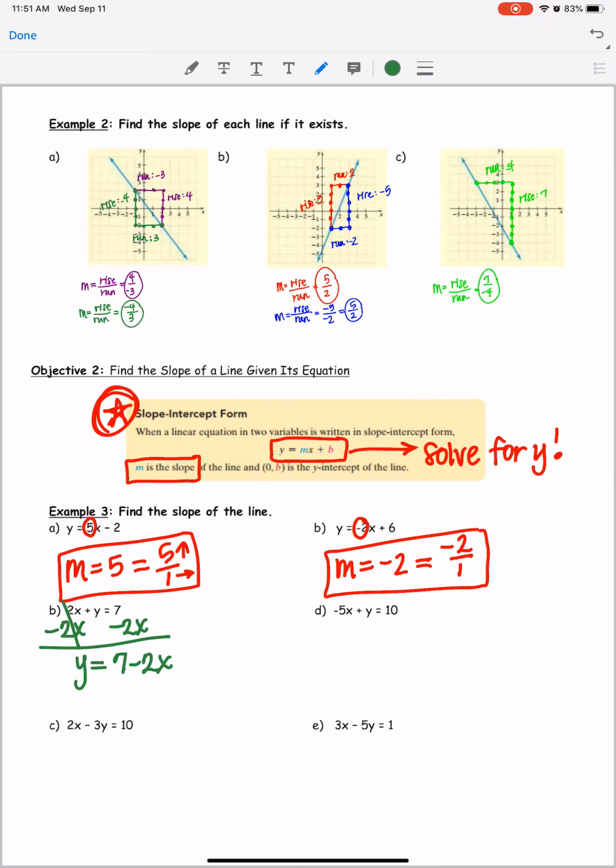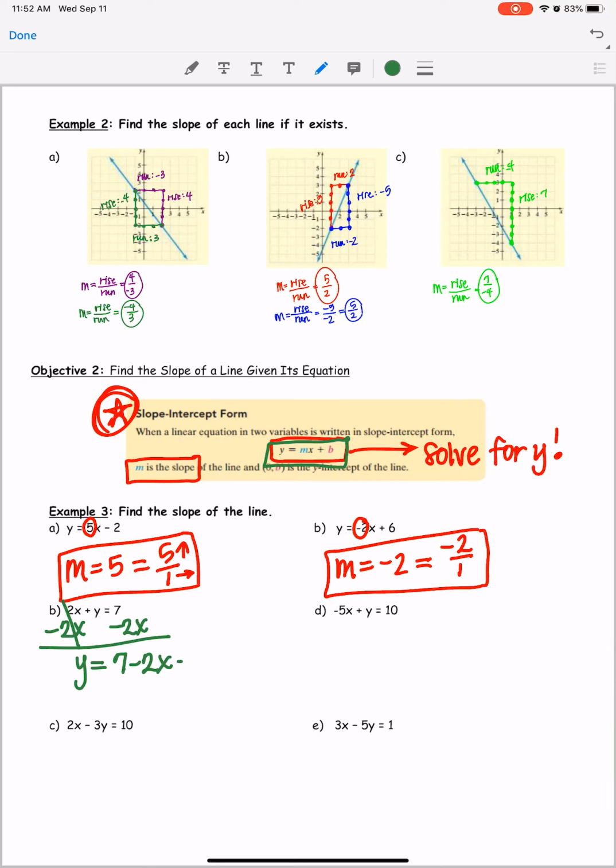Now, this is technically correct, but because I want to put it into this form here, I want my x variable first and then my constant second. So instead of writing it like this, we need to put the x first and then our constant.